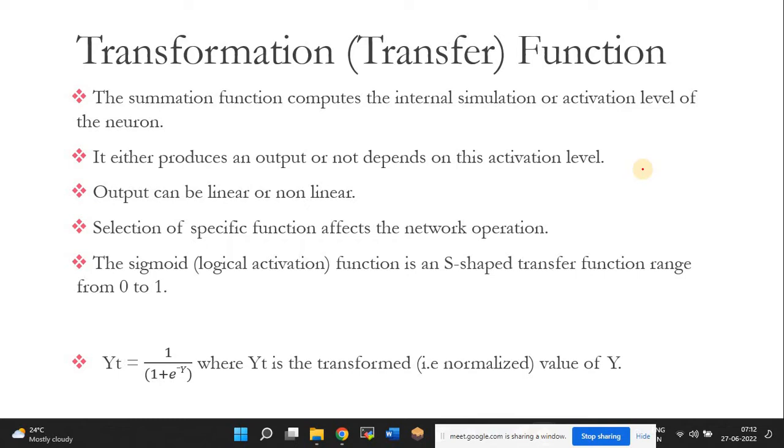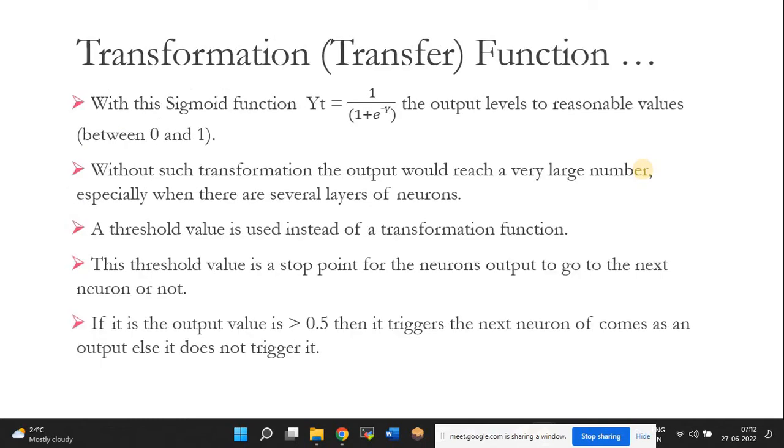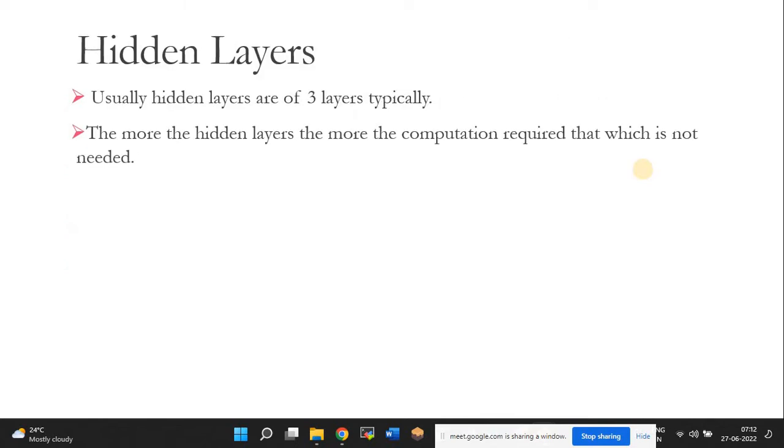This is where the summation function goes through the neuron, where the sigmoid function, a logistic activation function, normalizes the output. And this minus y is the actual output that comes out. Based on that, the transformation function works as such. So you can look at this later.